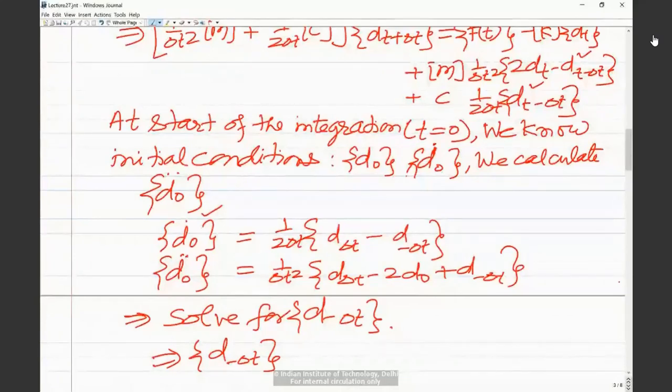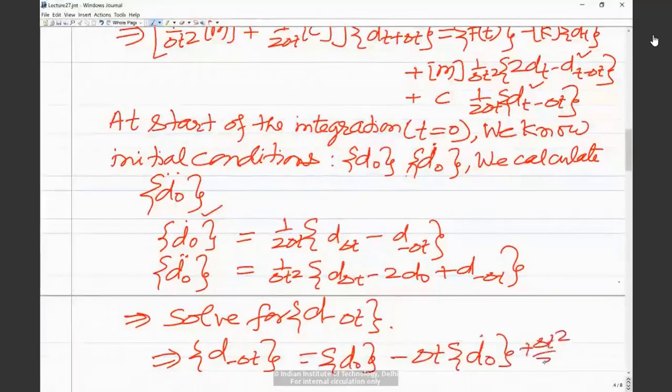After the solution you will get d at minus delta t equal to d naught minus delta t into d naught dot plus delta t square by 2 into d naught double dot.